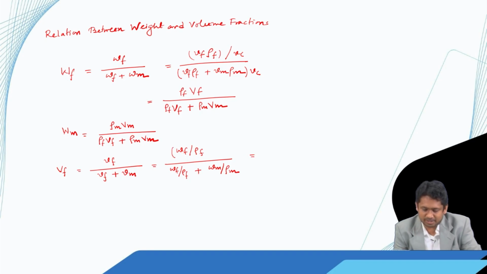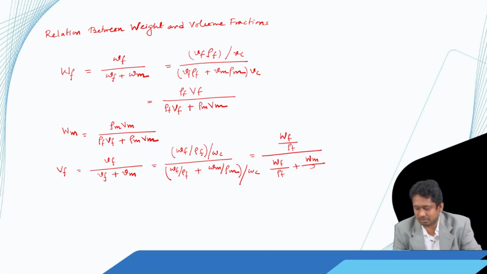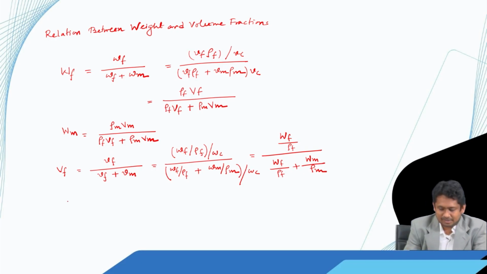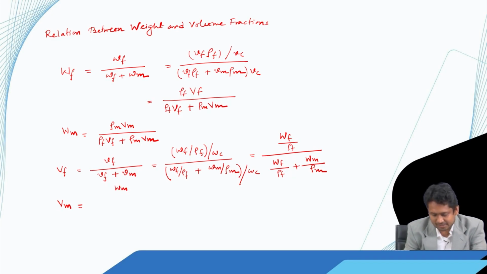Now, again the numerator and the denominator can be divided by weight of the composite, and that would give us capital W f, that means weight fraction of fiber, in the numerator. So, capital W f by rho f in the numerator, and in the denominator we have W f by rho f plus capital W m by rho m. In the similar fashion, we can find out the matrix volume fraction in terms of the weight fractions as this.